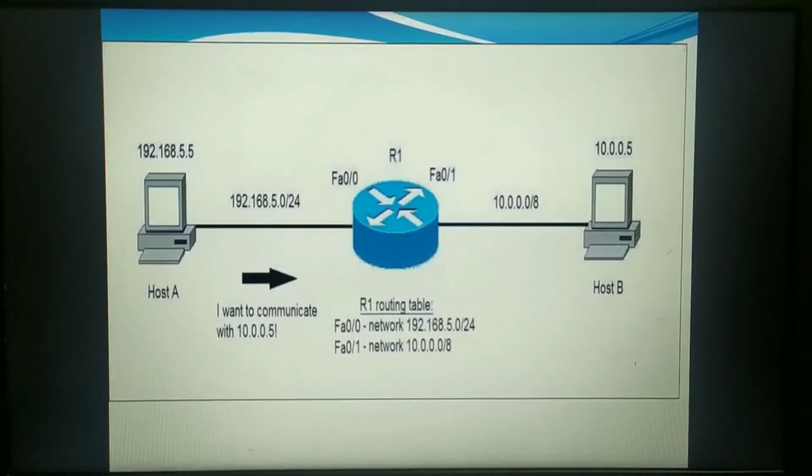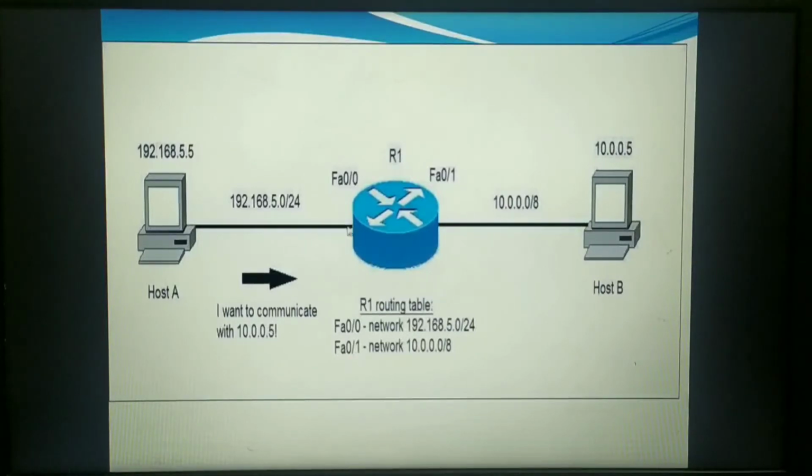If I want to connect these two networks, I have to make use of a common device known as the router. This router is connected to this network, and it is also connected to this other network. Now, when the source releases the message to forward to the destination, the packet consists of the information: I want to communicate with this IP address, which is the IP address of your destination.